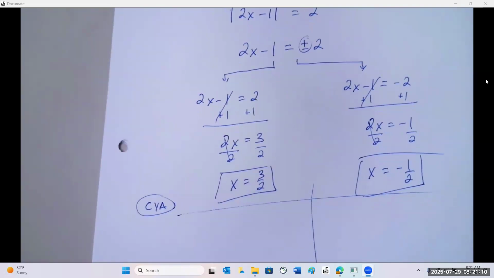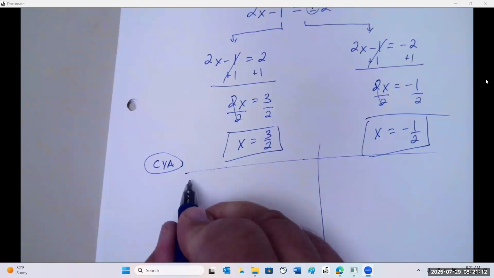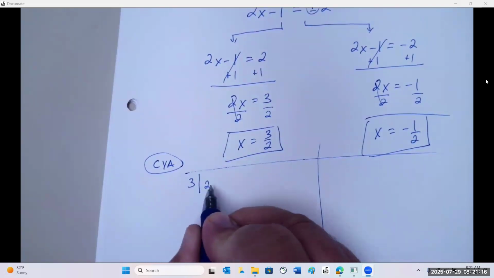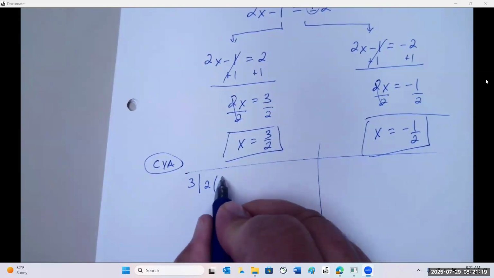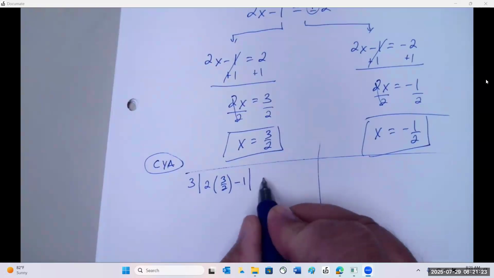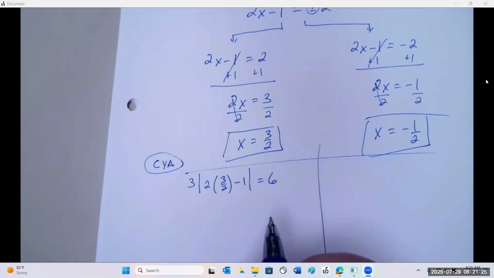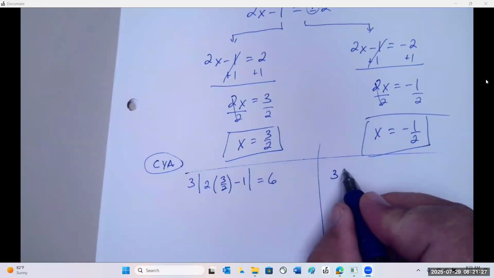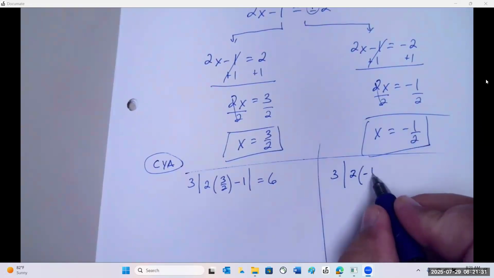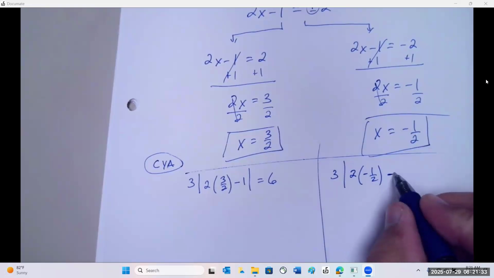Always check your answers. So in place of x, I put 3 over 2 in the first one. And the second one, I put negative 1/2 in place of x.